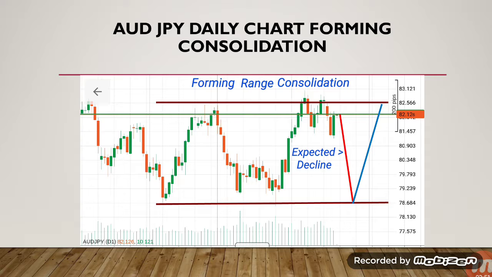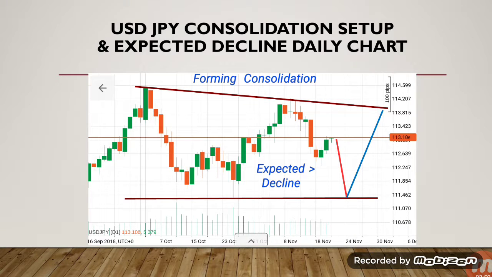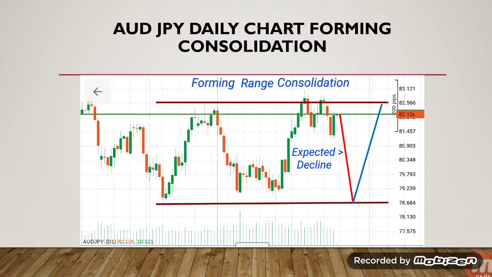Somewhat similar situation on the Australian Japanese yen, also in the process of completing the formation of a range consolidation setup. In the case of the US Japanese yen, it looks as if it's forming a pennant. However, in the case of the Australian Japanese yen, it looks as if it's forming a range consolidation setup where we have horizontal boundaries of resistance and support.